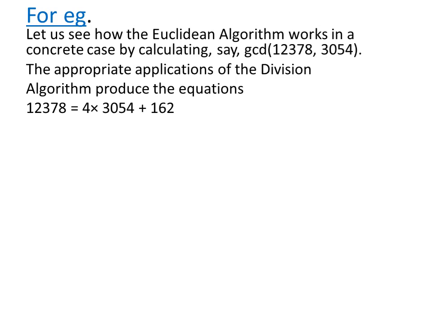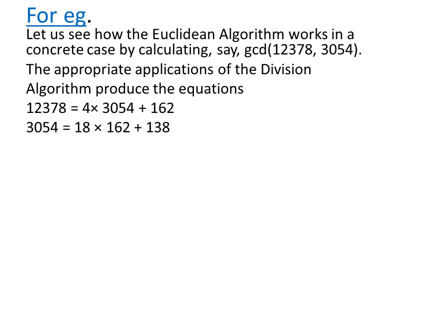In the next step we will consider the divisor 3054 as dividend and the remainder 162 as divisor to get the next quotient and remainder. In this step we get quotient 18 and remainder 138.